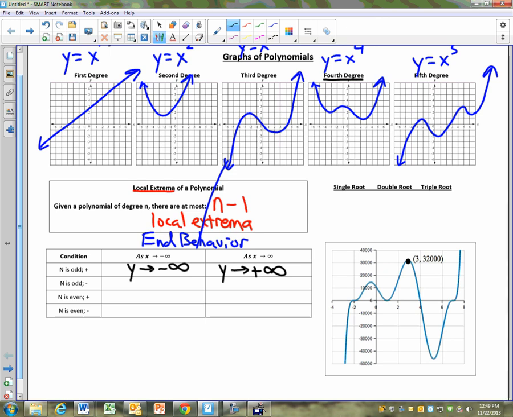Let's look this way. If x goes towards negative infinity, what happens to the y value? Up towards positive infinity. And as x goes towards positive infinity, what happens to the y value? It also goes towards positive infinity.